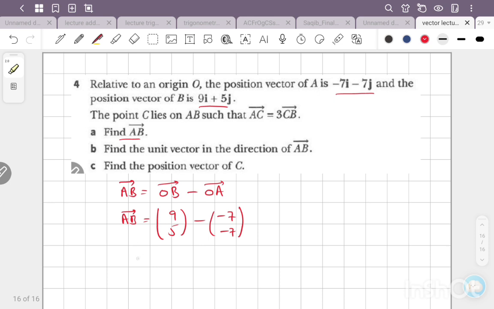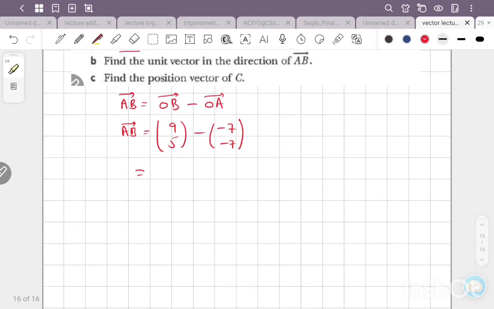Okay, now move forward. 9 plus 7, because this minus and this minus will be plus. 5 plus 7, we got the answer: 9 plus 7 will be 16, 5 plus 7 will be 12. So we have the answer 16i plus 12j.